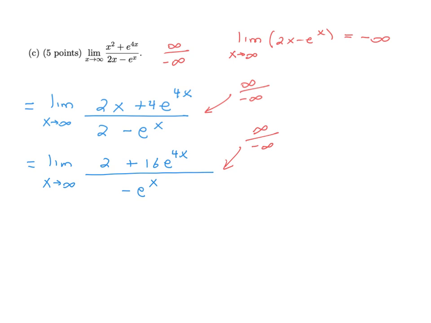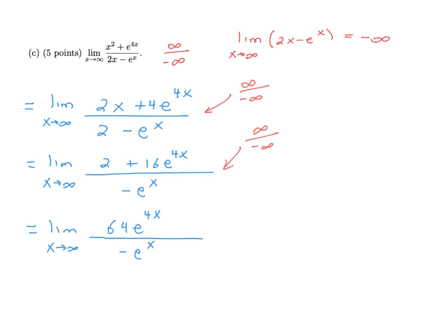So again, here we have infinity over really negative infinity. If we apply L'Hopital's rule again, this is the limit as x goes to infinity of, okay, we get 64e to the 4x and still e to the negative x in the denominator. This is still an indeterminate form of infinity over infinity, and this will continue forever.